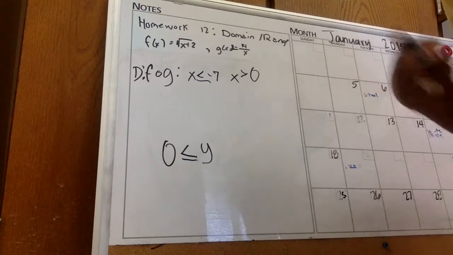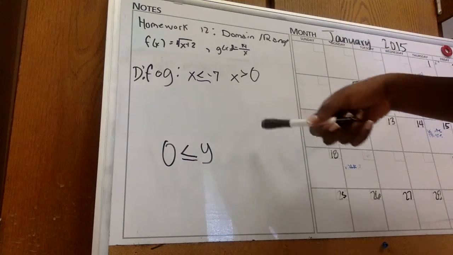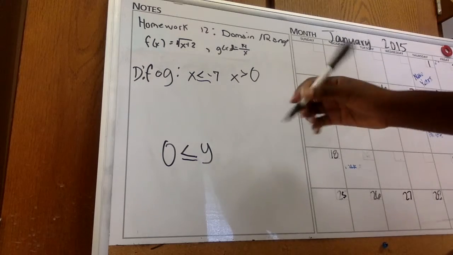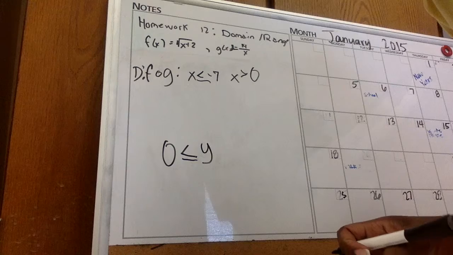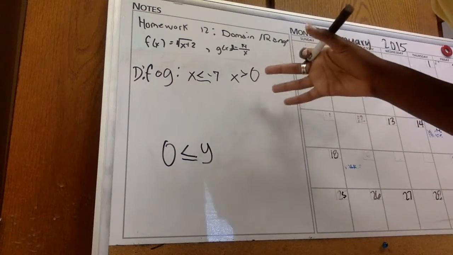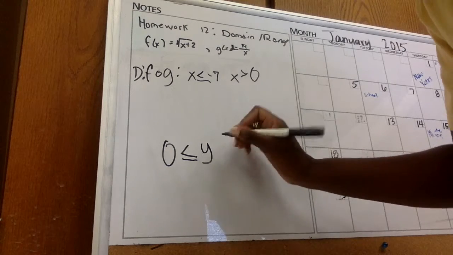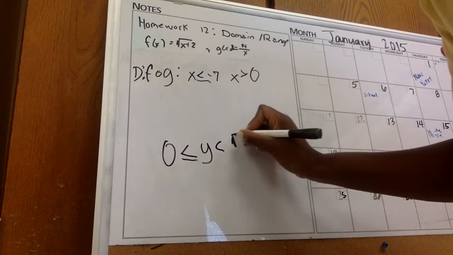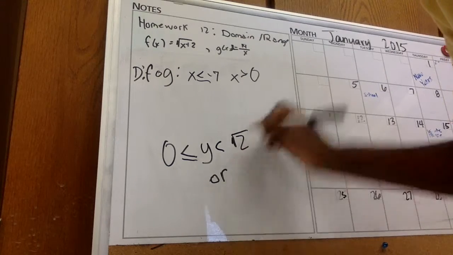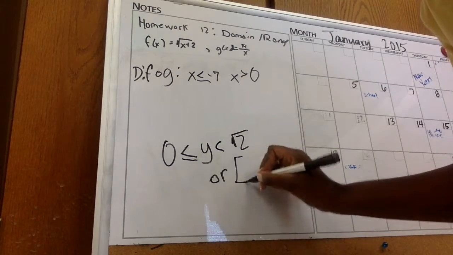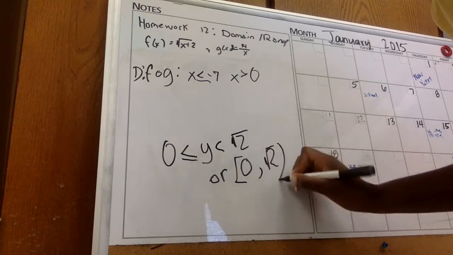When you do that, you find that it approaches square root of 2, but it never actually reaches square root of 2. So the range for this part is 0 is less than or equal to y, which is less than square root of 2, or in interval notation, 0 to square root of 2.